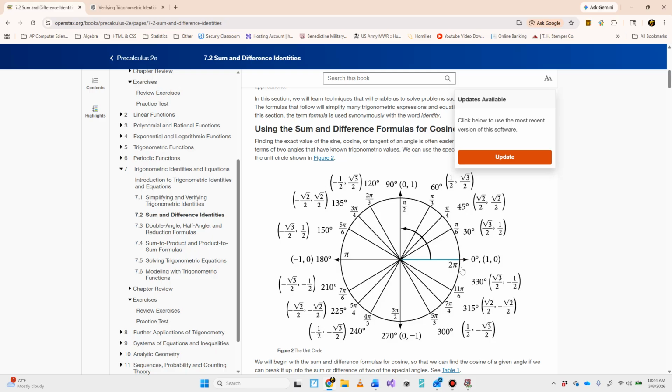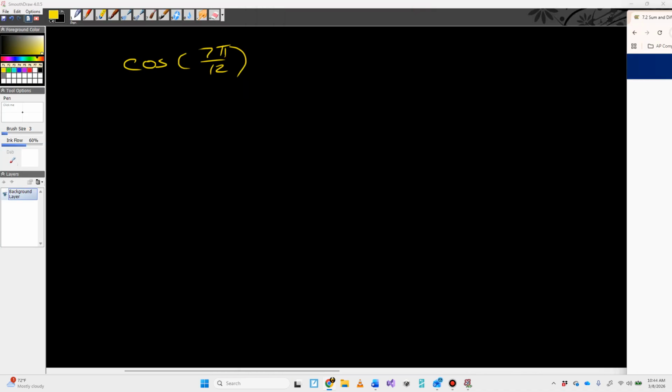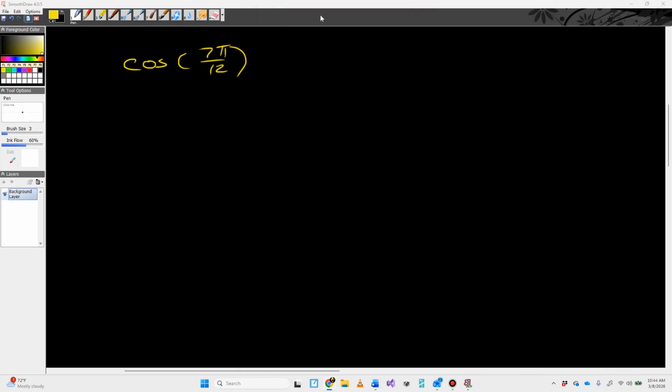The only way that you can do this, that we now know, is by using what's called a sum or difference formula. And so we're going to need to come up with some angle alpha and some angle beta that when either added together or subtracted, it will equal 7 pi over 12.